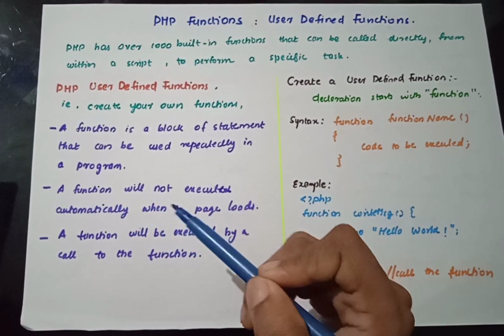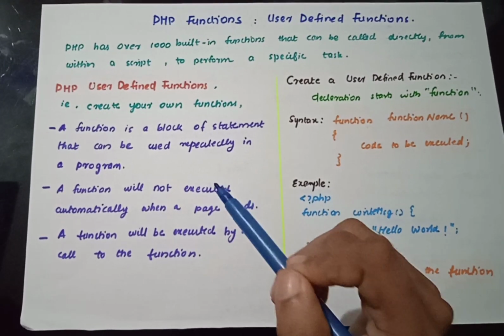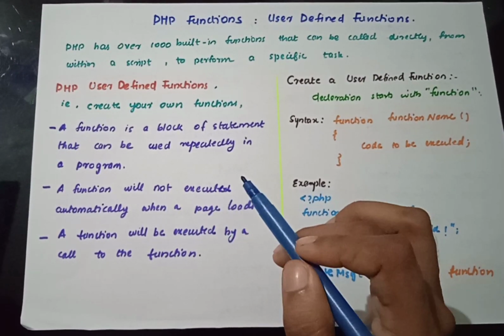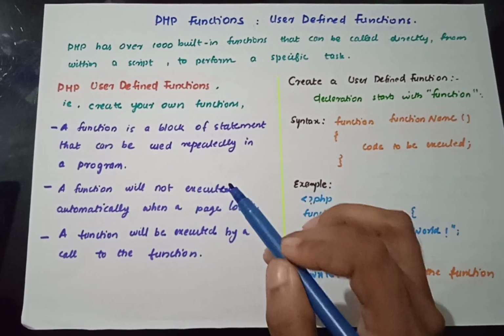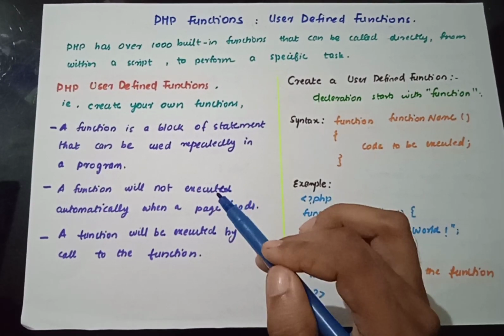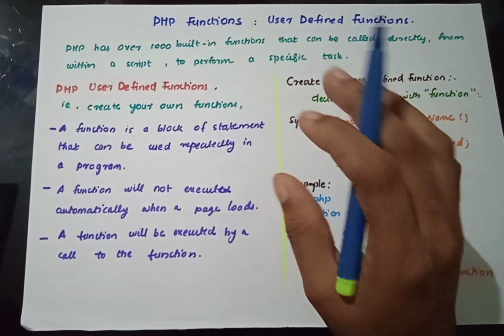So a function will not execute automatically when a page loads. We cannot call this function automatically. Why? Because they will execute only when they are called. That means you can write it wherever in your program, that doesn't matter.